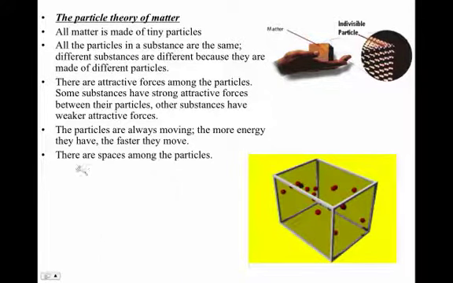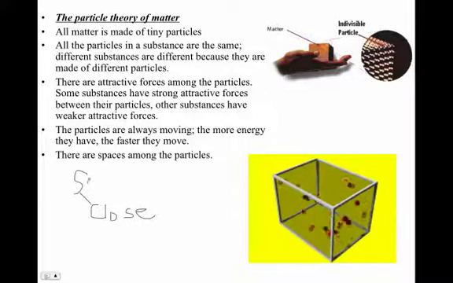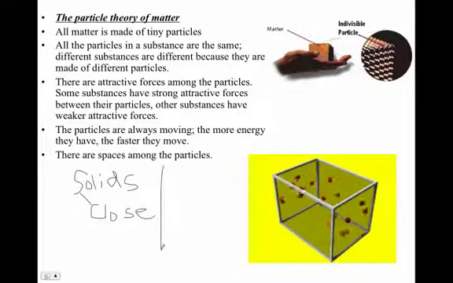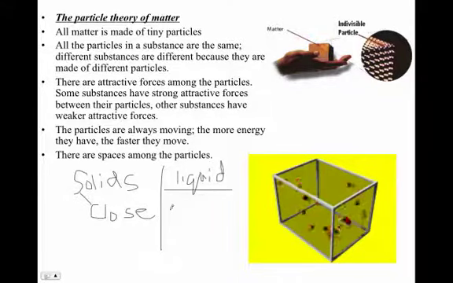For example, solid substances are close together, and because their particles are close together, solids have stronger attractive forces between their particles, making them harder to break apart. Liquids have particles that are farther apart when it comes to spaces, and therefore the attractive forces of liquid particles, because they're farther apart, are weaker.